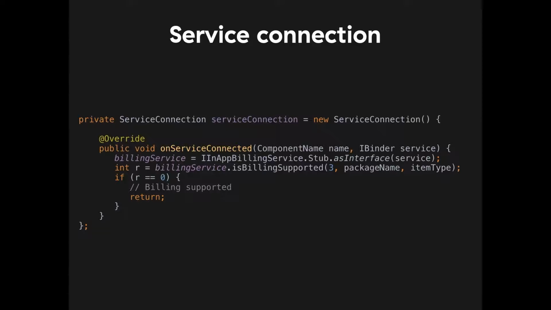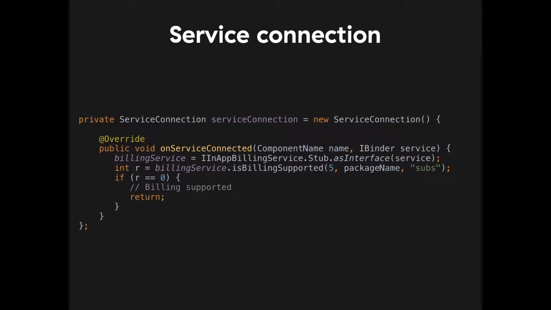After you have stated that billing is supported for your device, so your Google Play application currently installed on the device supports in-app billing, you are free to do whatever you need. So you need to state the item type for which you want to make an in-app purchase. This can be in-app or subscription.